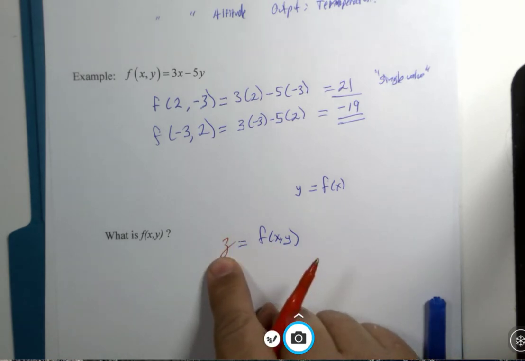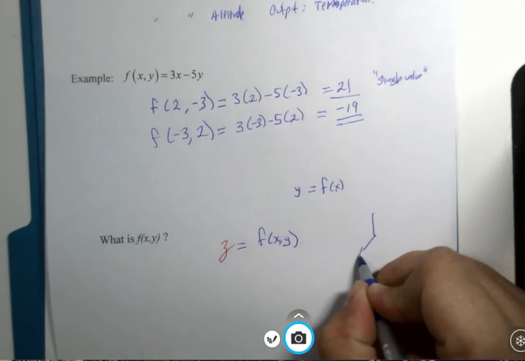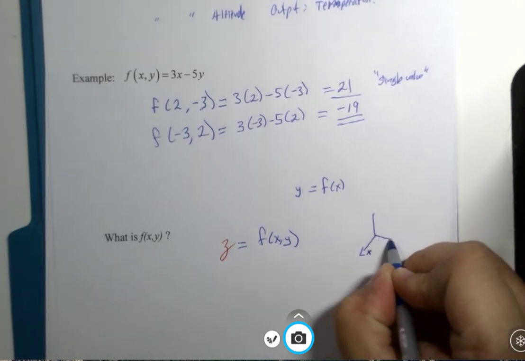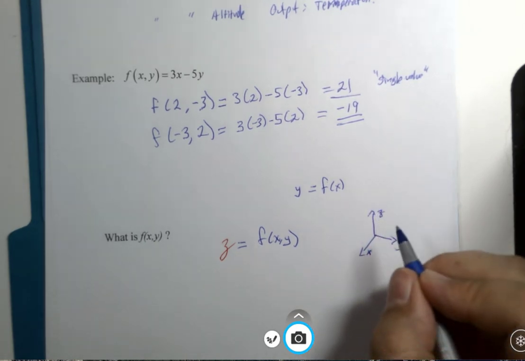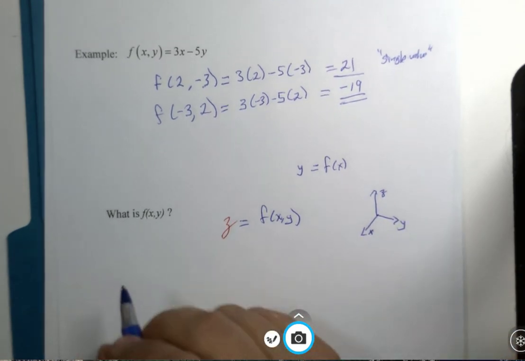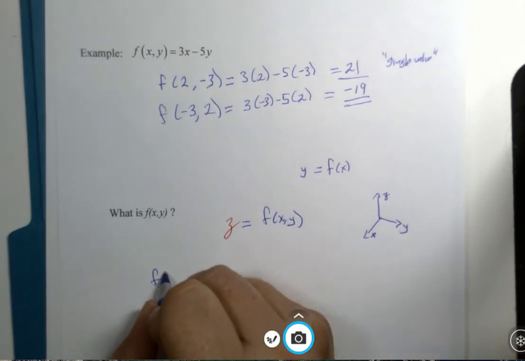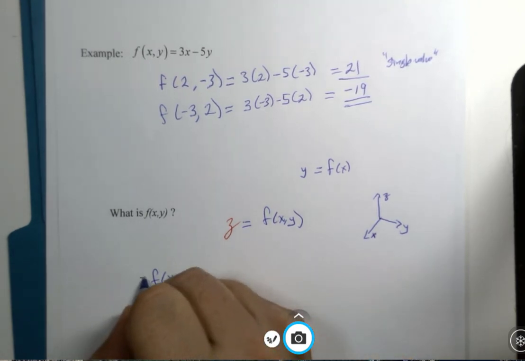We could think of this as z, and I'm talking about the z that's the same z as in our x and y and z axes. We could call it that. And then finally we could say, well, what if there were 3 variables that went in? What would we call that?